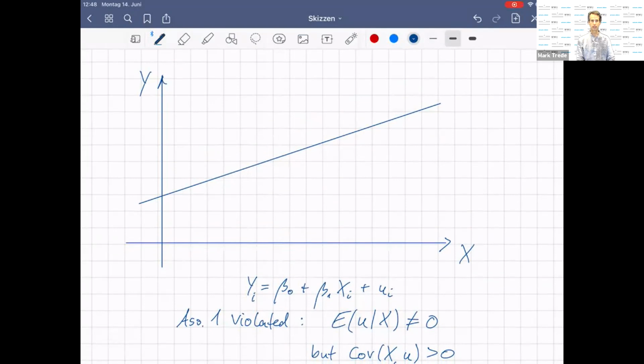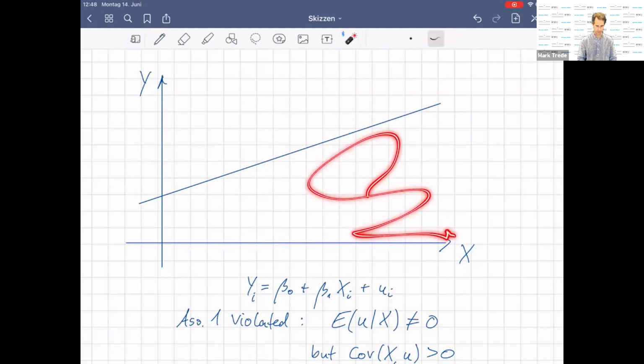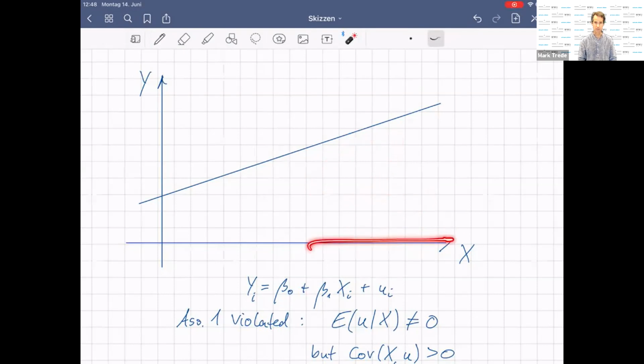Well, a positive correlation between X and U means that the error terms tend to be positive, larger than usual, if X is larger than usual. So if we are in this area here, so if we look at the large values of X, then the error term tends to be positive. Not always, but on average.